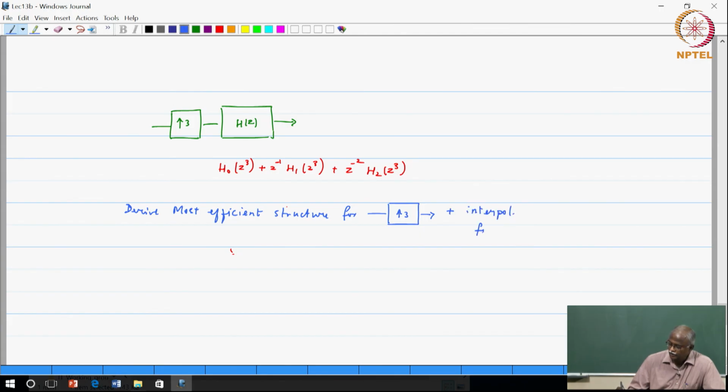So, what you will find is that we have introduced 2 very, very powerful concepts. One is the noble identities. At first glance, you say, what use is this, because it is not fitting in with my framework. The next comes polyphase decomposition, which says you can always split your filter into sub filters, and then all of a sudden there are opportunities to use the decomposition.